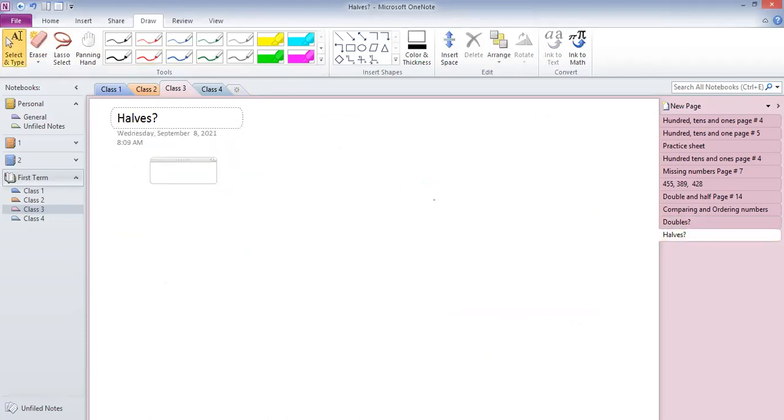How to find out the half, guys? Whenever you need to find out the half of anything, let's suppose I write a question here. What is the half of 4? Half means divided by 2. Half means divided into 2 equal parts.